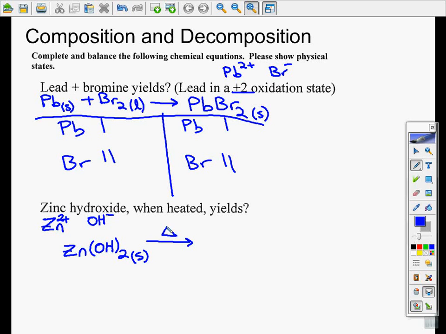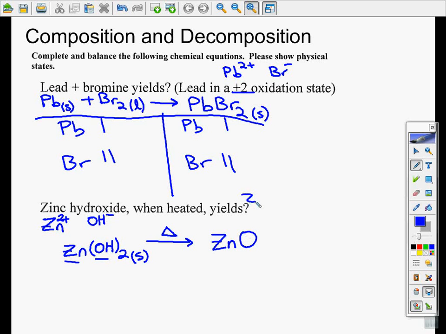And what it's going to be left with then, when you have a metallic hydroxide, zinc's a metal, it's combined with a hydroxide, this will result in an oxide formed with the metal. So ZnO.